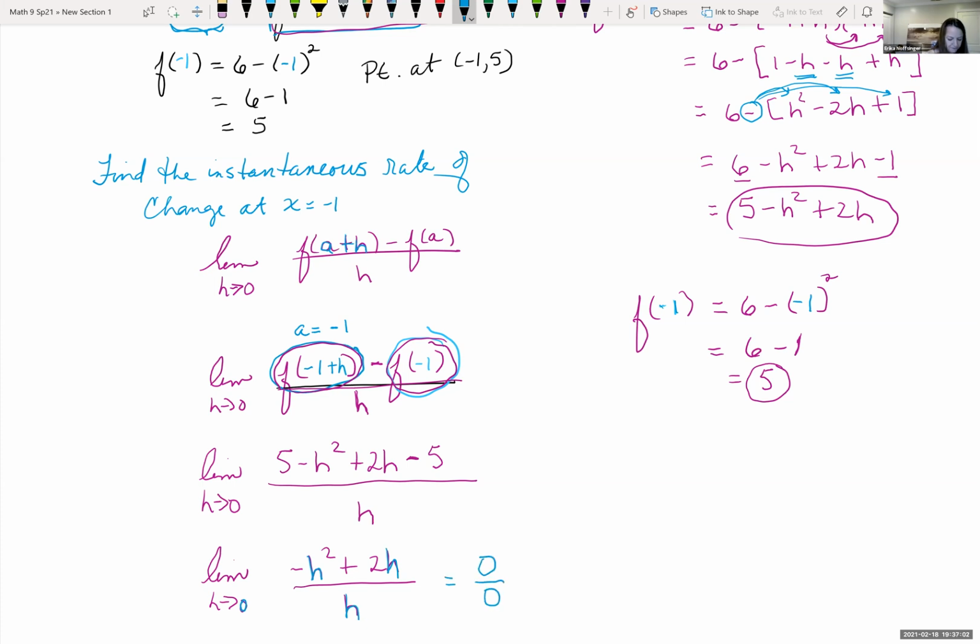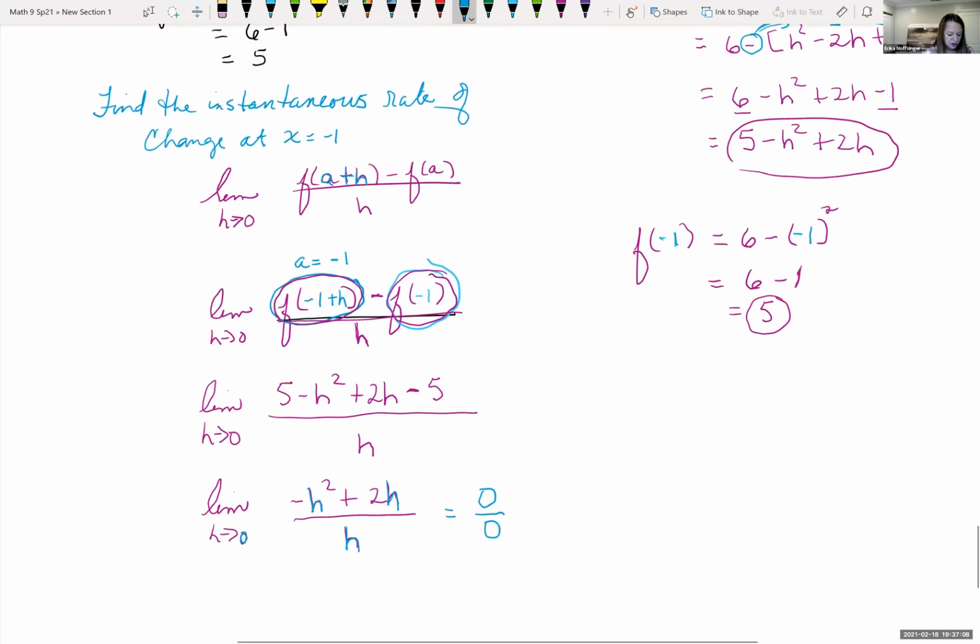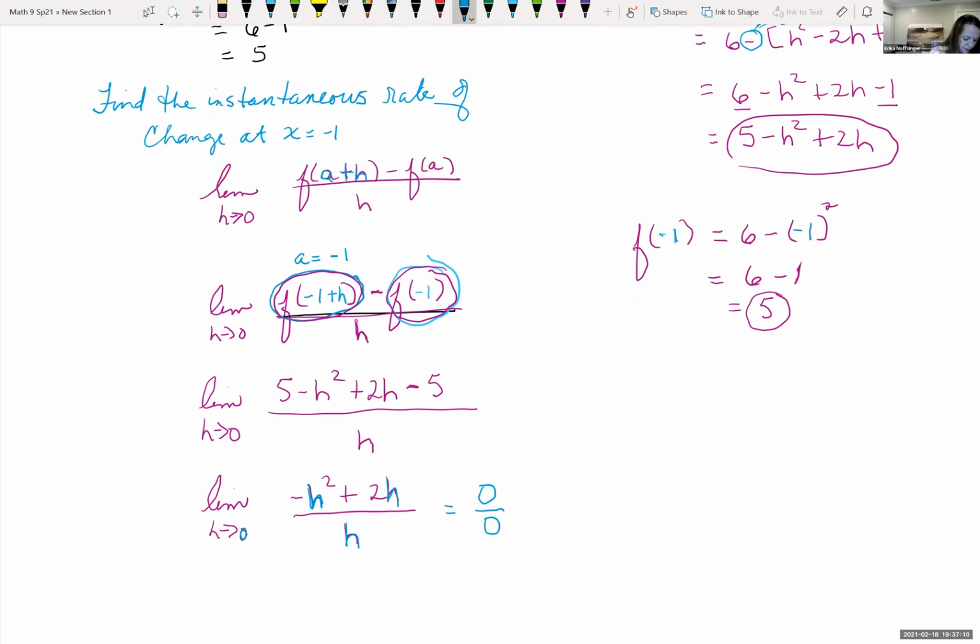So if we got that form 0 over 0, that didn't tell us anything, and we had to go back and manipulate it. So notice that in the numerator, they both have a factor of h in common, and we can factor that out. So I'm going to bring down the limit because I haven't used it yet. Going back in to manipulate it.